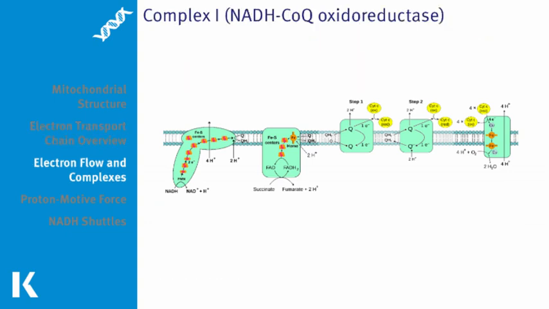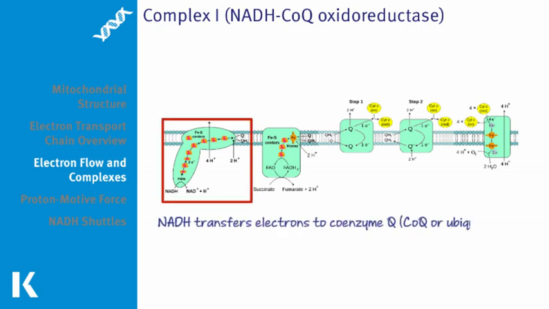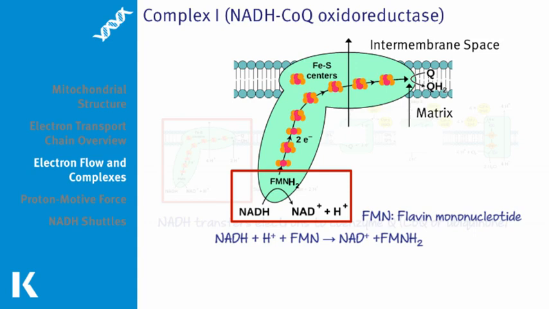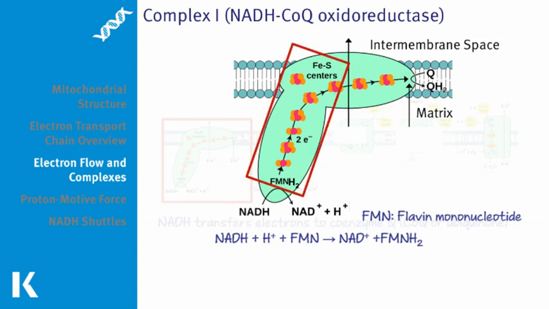So that was an overview of the entire chain. Let's now examine more closely the reductases and oxidases that compose the electron transport chain. The first complex houses the electron acceptor coenzyme Q, also known as ubiquinone. As NADH is oxidized, a compound called FMN, the flavin mononucleotide, will carry the liberated electron onto a cluster of atoms with slightly higher reduction potential, in this case, iron and sulfur.